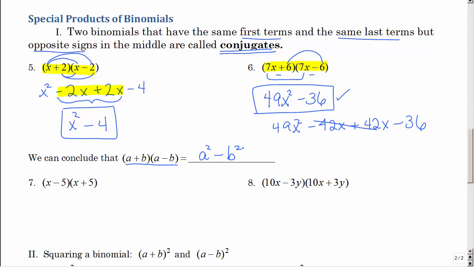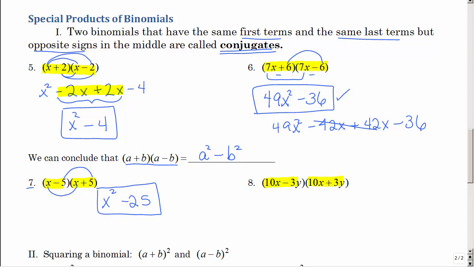So let's see if we can use that shortcut on number 7, but we have to make sure, are those conjugates exactly the same except for the sign in the middle? And yes, it is. So we can do the first term and the last term. And you're done. Let's look at number 8. Are those conjugates?